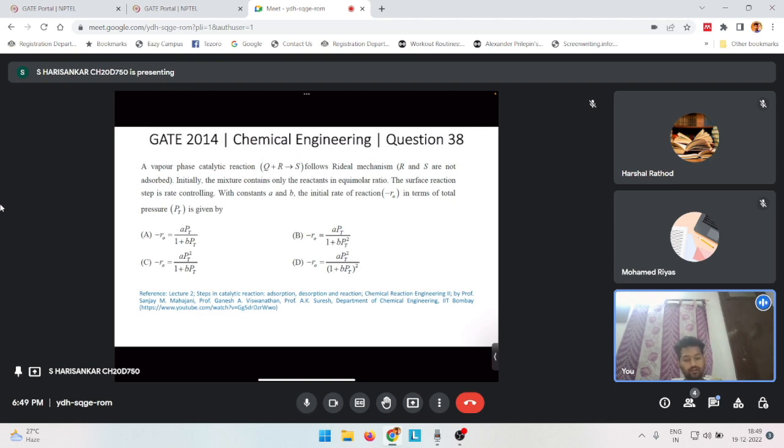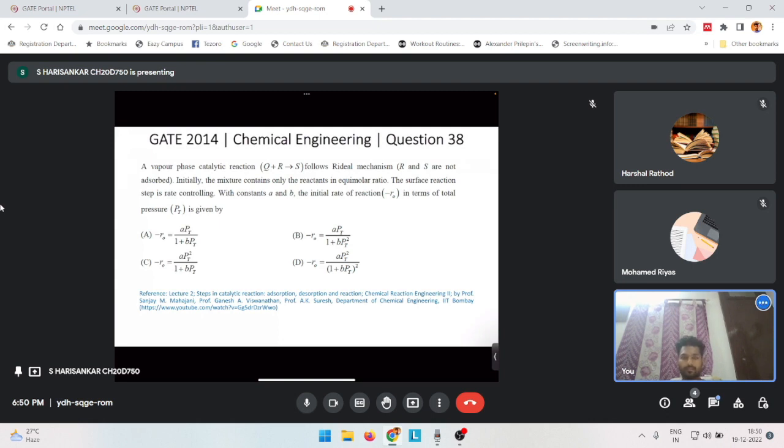This is a question from GATE 2014 Chemical Engineering, question number 38. A vapor phase catalytic reaction Q plus R giving S follows radial mechanism where R and S are not adsorbed. Initially, the mixture contains only the reactants in equimolar ratio. The surface reaction step is rate controlling. With constants A and B, the initial rate of reaction minus R0 in terms of total pressure PT is given by dash, and four options are given.